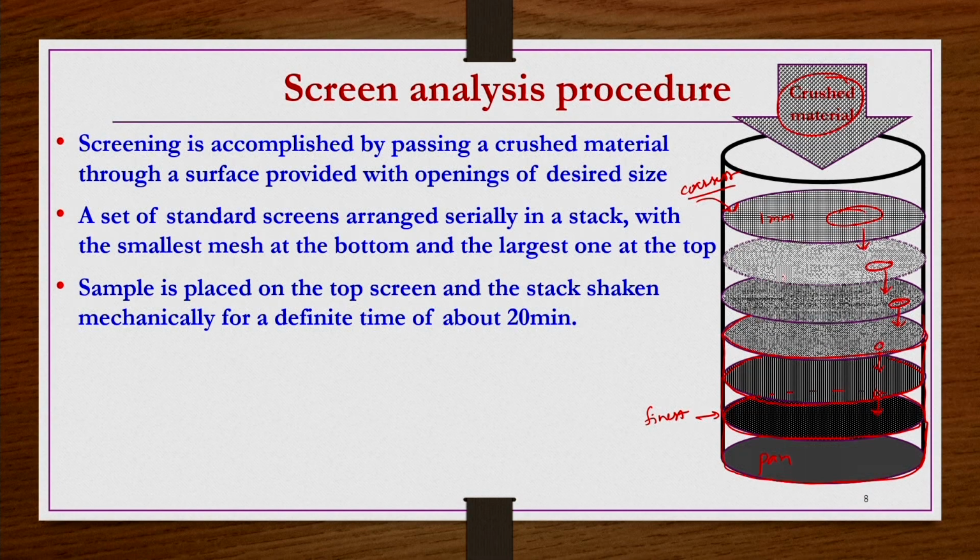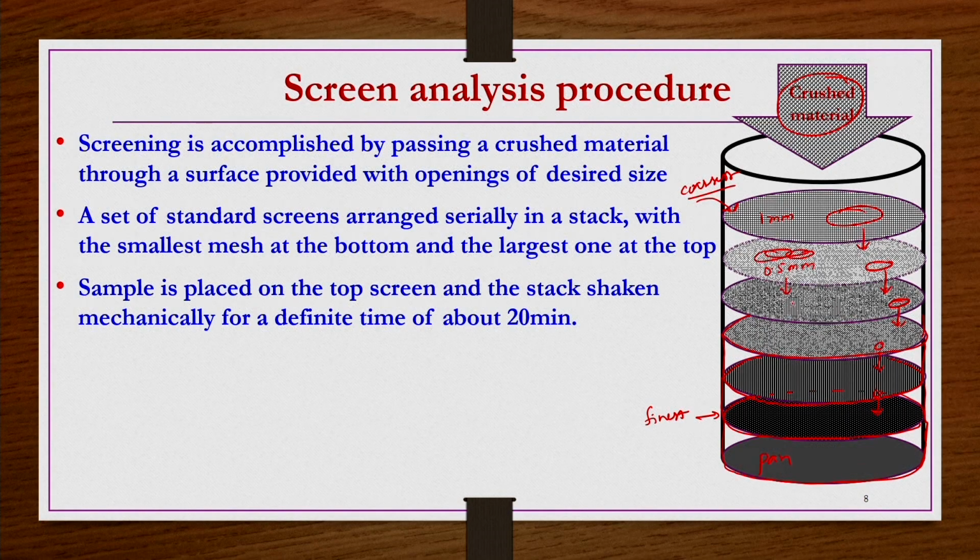Like that, on the second screen, let us say its opening is 0.5 mm. Whatever material is larger than 0.5 mm but smaller than 1 mm will be retained on this second screen, and particles smaller than 0.5 mm will pass through. Okay.